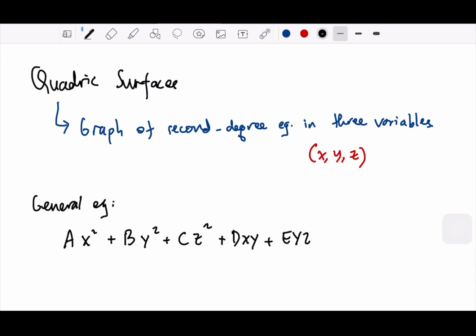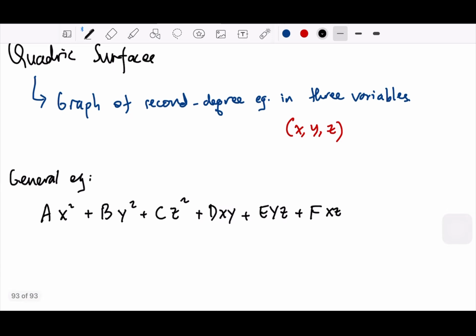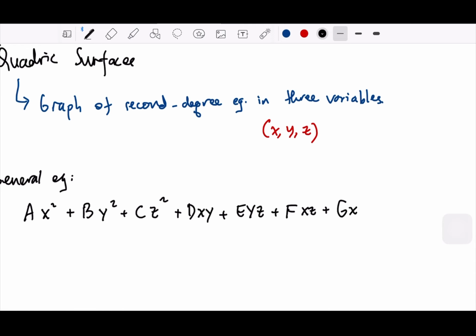And the rest will be the linear terms x, y, z, and also we will have a constant: plus Gx, plus Hy, plus Iz, and then plus J.